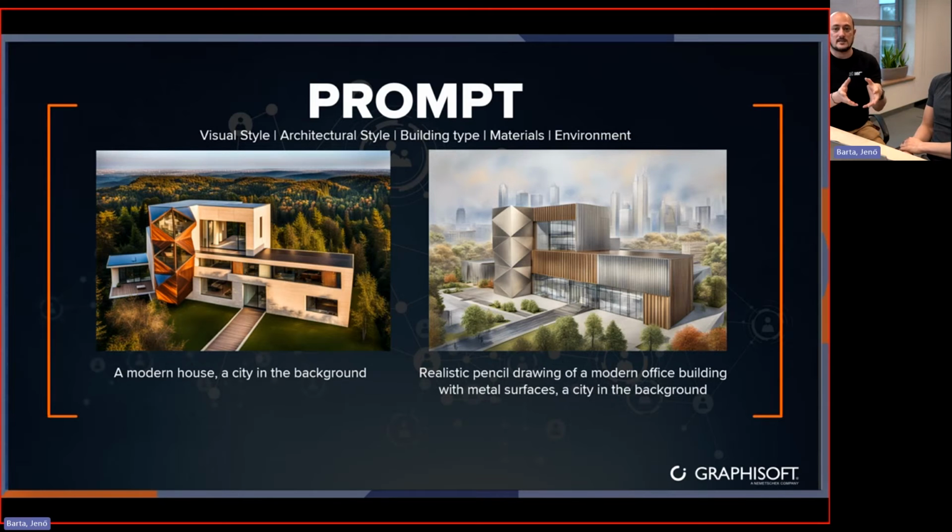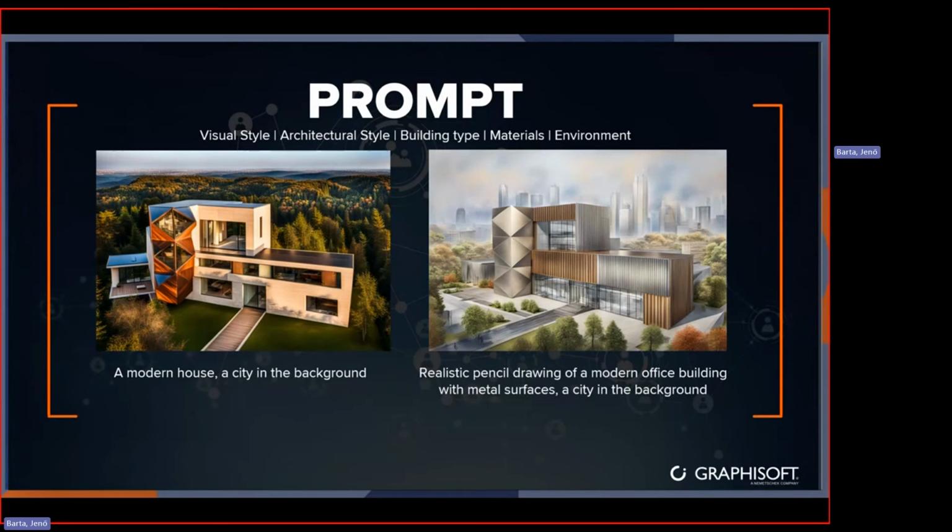Yet it provides a realistic result, which we like. On the right-hand side, we extended this prompt with visual style and with materials as well. Even if you keep the prompt empty, it will generate a result for you. Yes, absolutely, but you should provide these at least. I don't know, perhaps you have something to add.